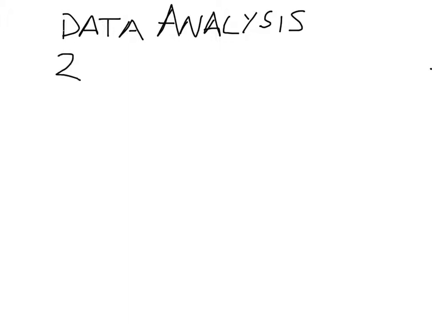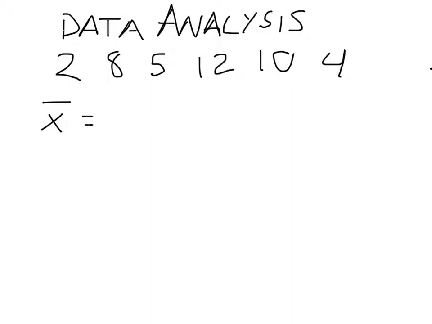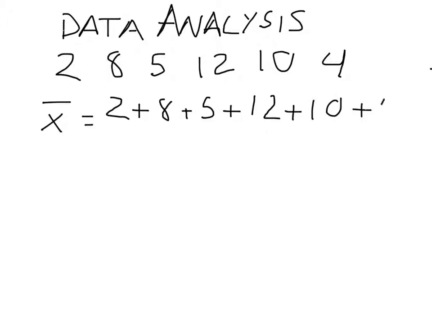We have 2, 8, 5, 12, 10, and 4. And if I ask you to get the sample mean, you would say, okay, that's x bar, and that's going to be 2 plus 8 plus 5 plus 12 plus 10 plus 4, all over 6, because there are 6 pieces in the sample.